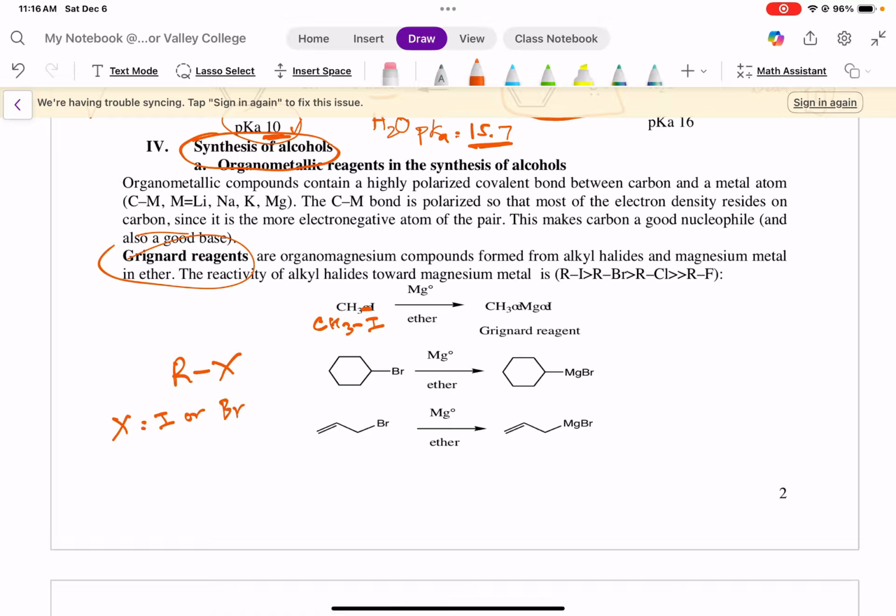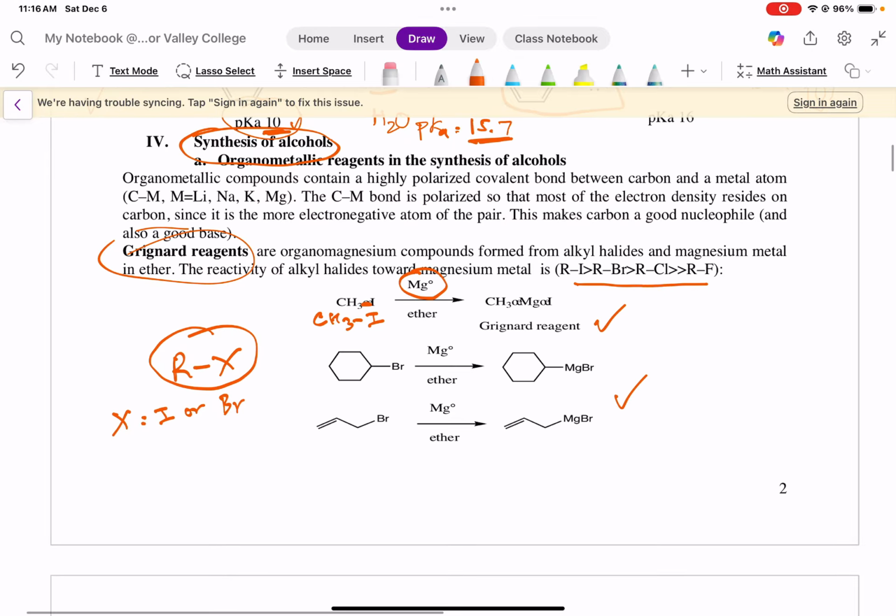I'm sure you can work with Cl chloro as well. And you can see right here the reactivity trend. Now, if you take an alkyl halide and you put in magnesium neutral, that's what that 0 means, and ether as a solvent, you turn that into a Grignard reagent, and they are extremely good.